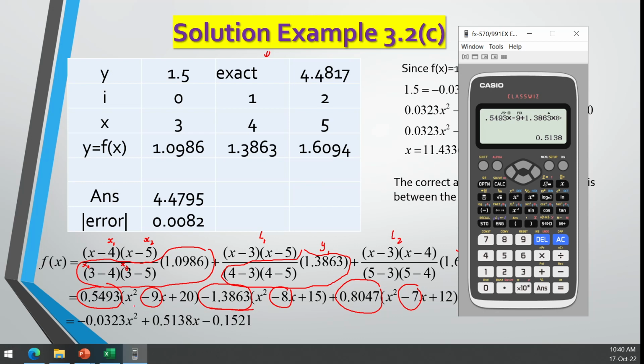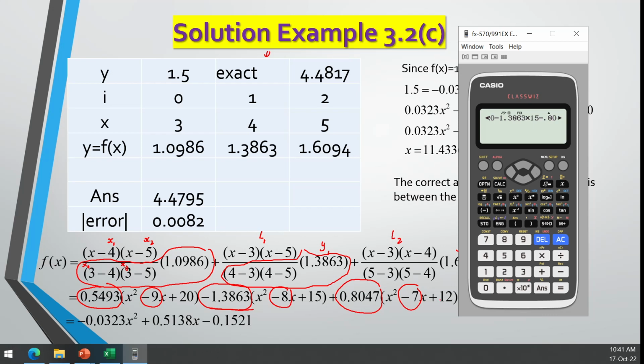Lastly, you collect the constant term. For the constant term, the same coefficient 0.5493 times 20, so I just edit it to 20. And then the coefficient is negative 1.3863 times 15, so I delete this and edit it to 15.